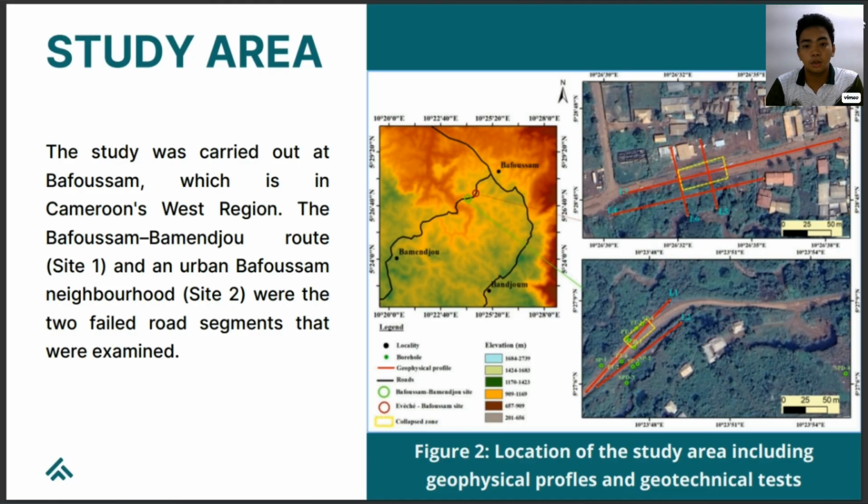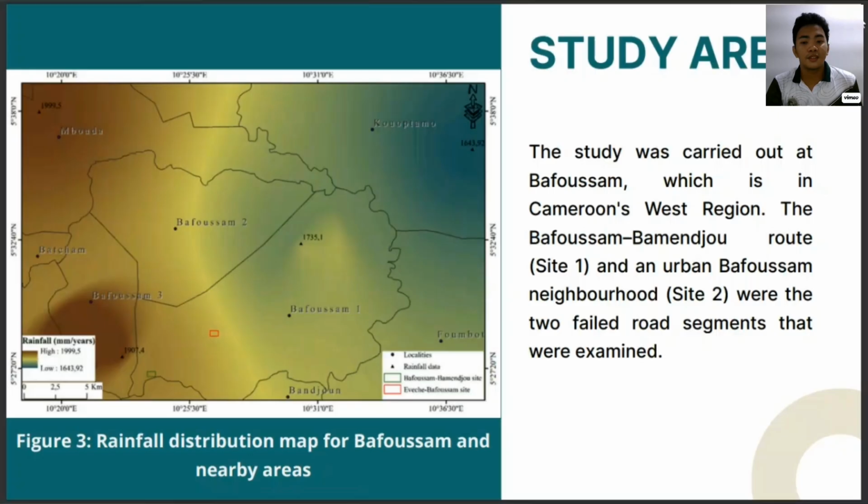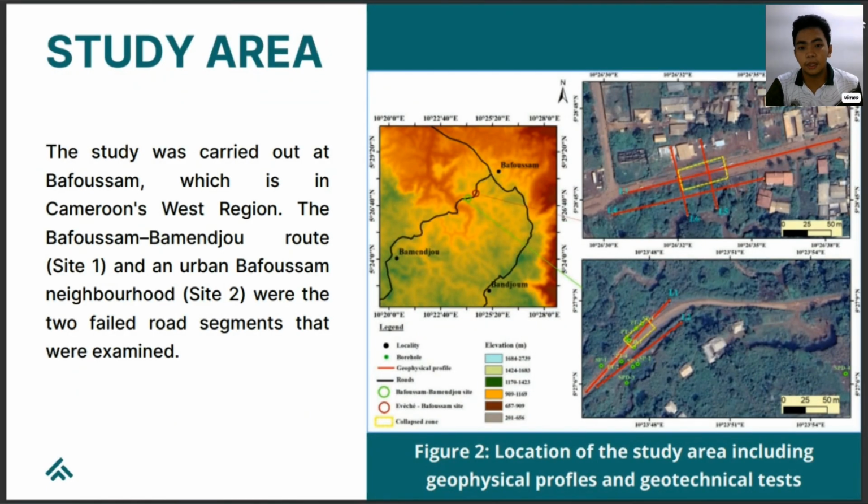The area has a tropical climate with abundant rainfall from July to October. Geologically, the region is composed of pyroclastic and weathered basalt over a granite-gneiss substrate, producing clay-rich, porous soils that are prone to instability and saturation. We can see in Figure 2 the location of the study area, including the geophysical profiles and geotechnical tests.